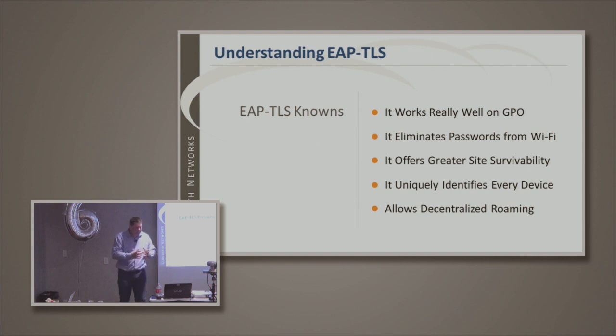So in a domain policy, worked great, put it in GPO, push it out, things worked. We know that it eliminates passwords from Wi-Fi, so we don't have to worry about cached credentials and stuff. We can't eliminate every issue on Wi-Fi. If the user goes in and disables server cert validation, they're still going to connect to an evil twin.